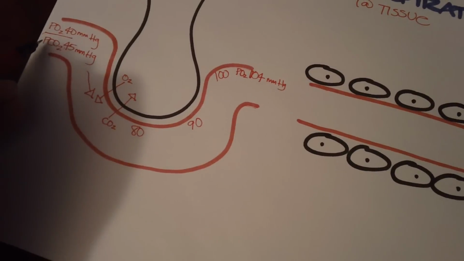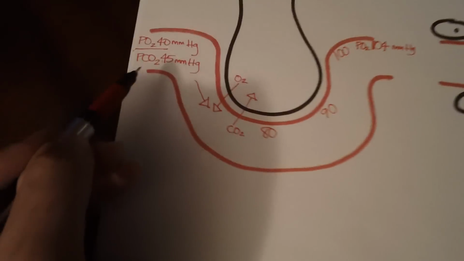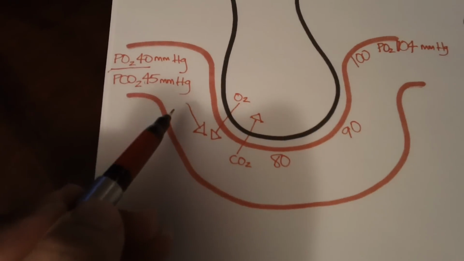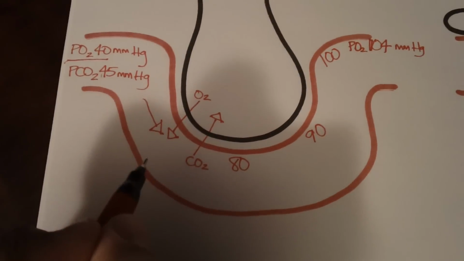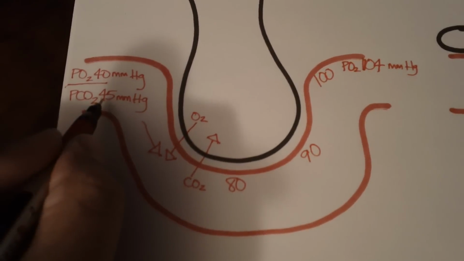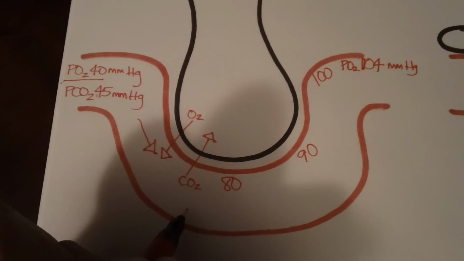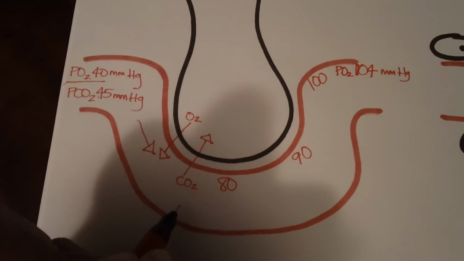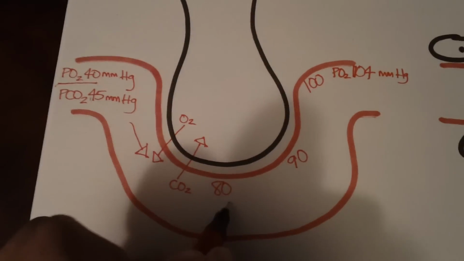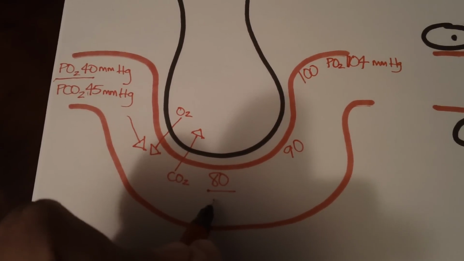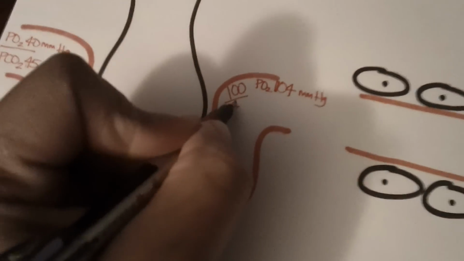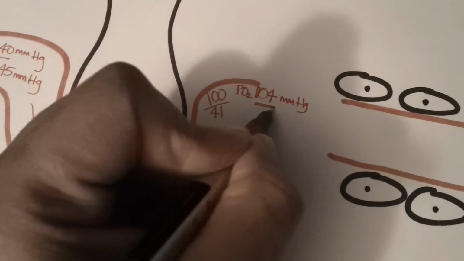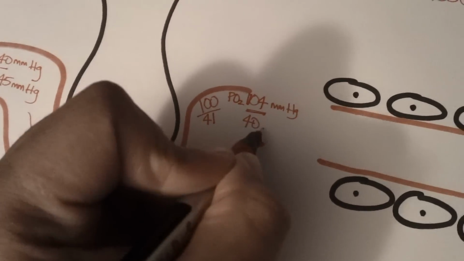Now as we pass through here with the CO2, we're offloading it into the alveoli. So our number is going to be going down since we're getting rid of some of our carbon dioxide. So let's say where we have the 80 here, we're now at 43, 42, 41, and then finally we have 40.